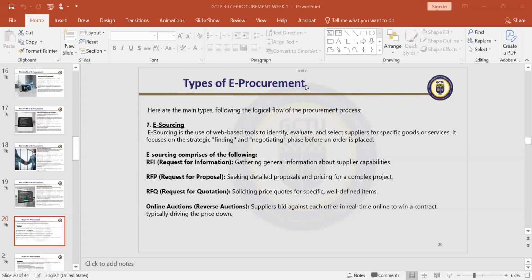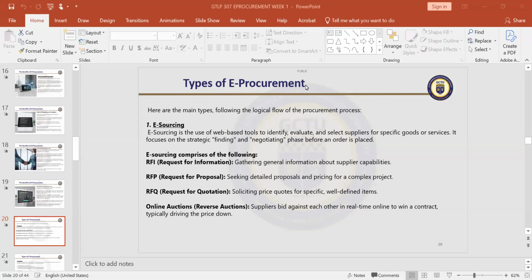So sourcing comprises the following, that is, request for information, gathering general information about supplier capabilities. So when you get a supplier, sometimes you request the supplier to give you their company profile, or sometimes you do a background check of the company online, whereby you can find out if the company is well organized and a big institution.